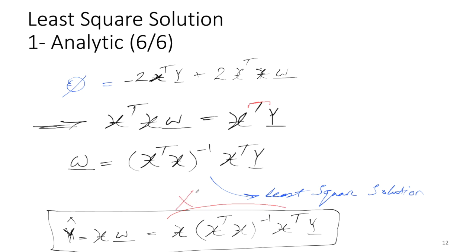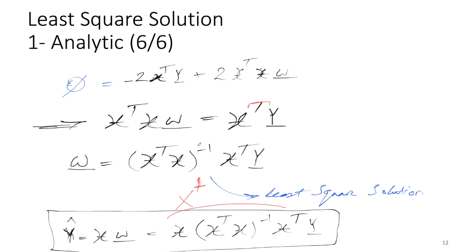We would call it X dagger. All right, so that was the proof of the first solution.